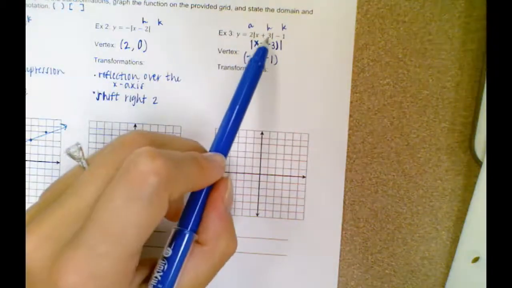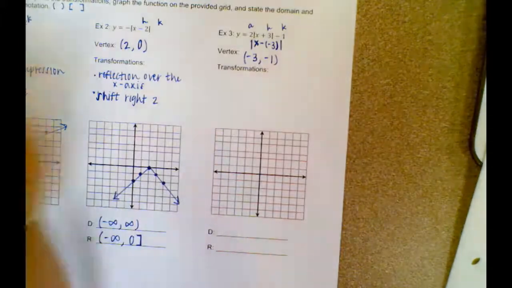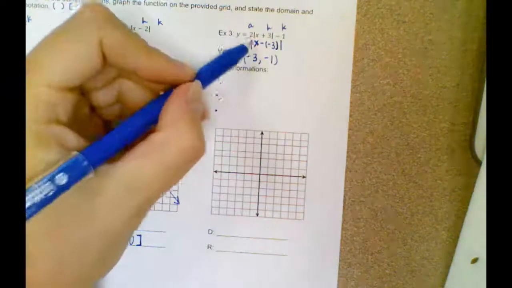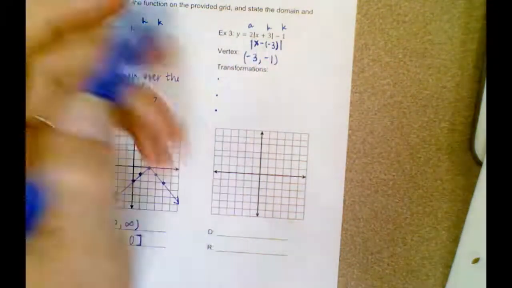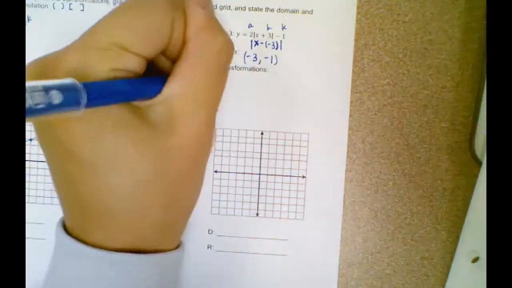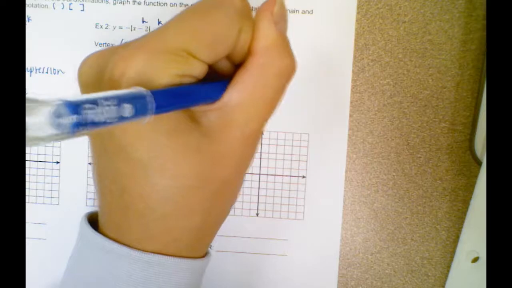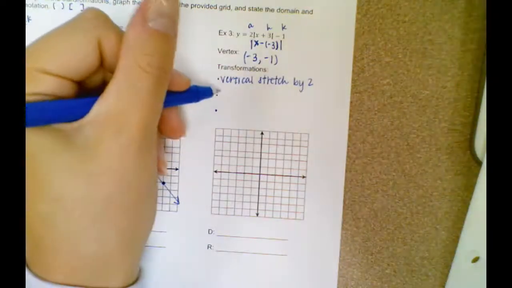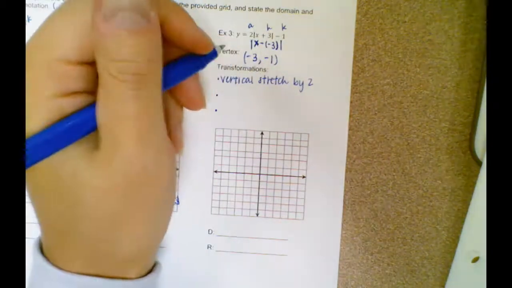Transformations, you have 1, 2, 3 numbers that aren't in the parent function. So you are going to have 3 transformations. So the first one, the A value. The absolute value of 2 is just 2, which is greater than 1. So we are going to have a vertical stretch by 2. And then I'm going to have my H value.